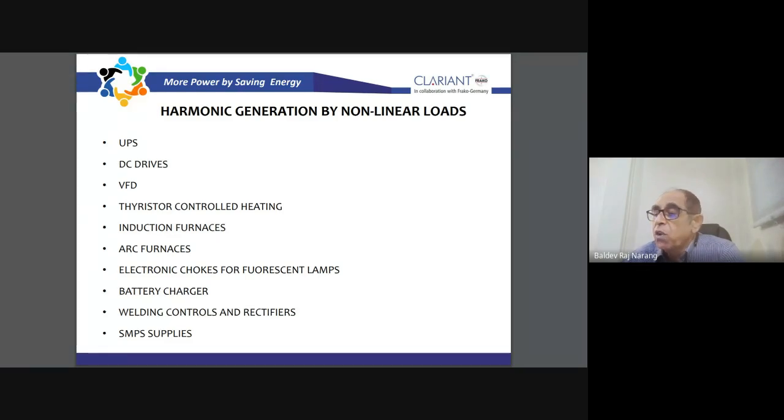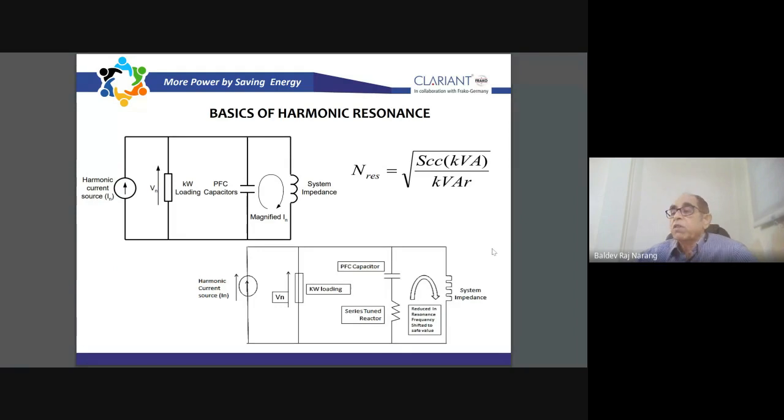In fact, everything is non-linear today, whether it is a fluorescent lamp, CFL, or even LED. All are non-linear. Then battery chargers, welding controls, rectifiers, SMPS supplies, all these are non-linear, and nothing works without these things today. So most of our loads have become non-linear.